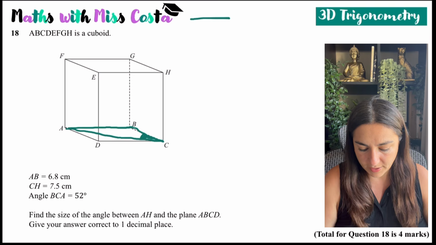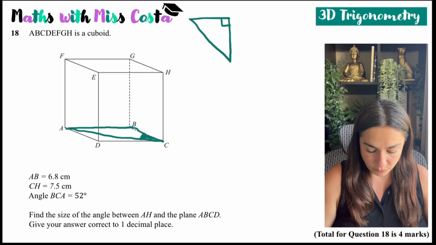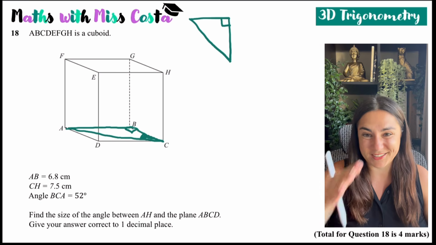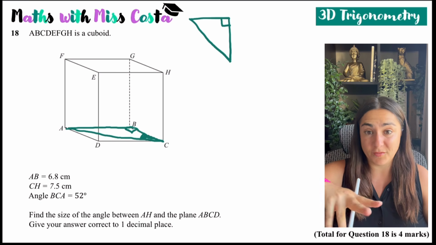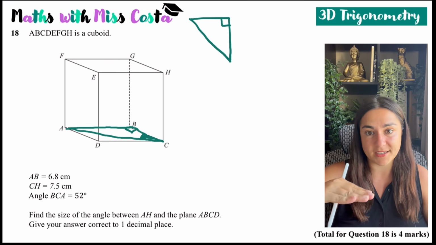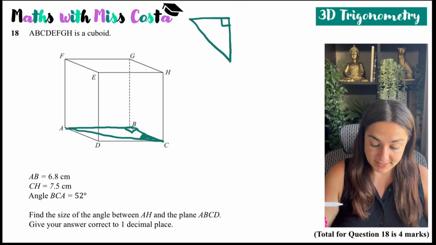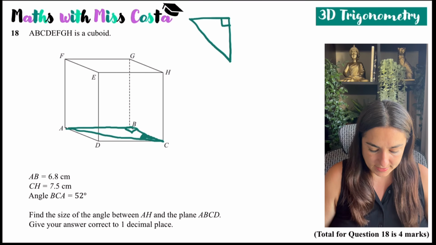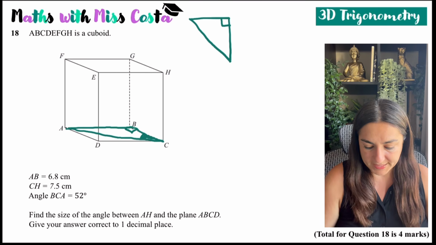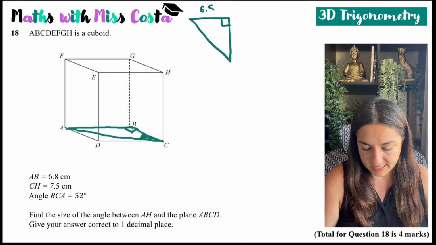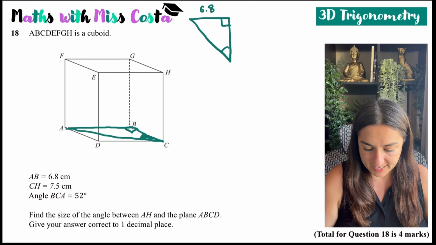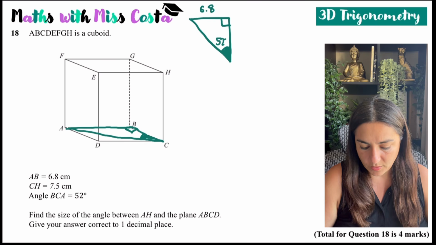So we could draw that right angle triangle here. So I know it's a right angle because it's a cuboid, so this angle here would be a right angle. It's just kind of difficult to visualize, but if you visualize the base of the cuboid, it's a flat 2D rectangle, and the length that I know is AB, which is 6.8, and I know this angle here must be 52 degrees. So what can I do?